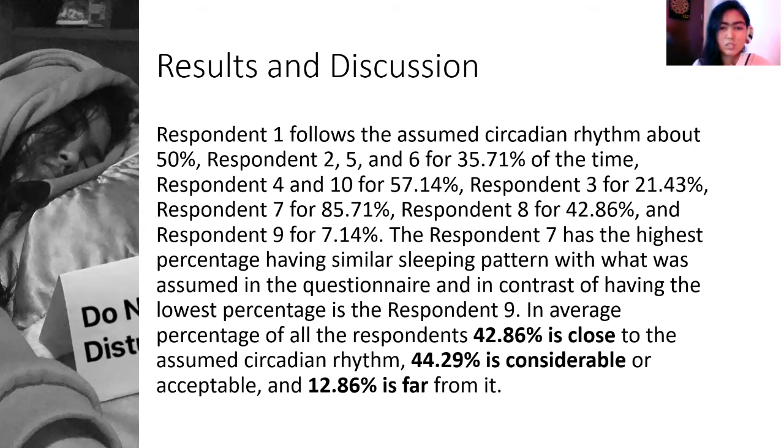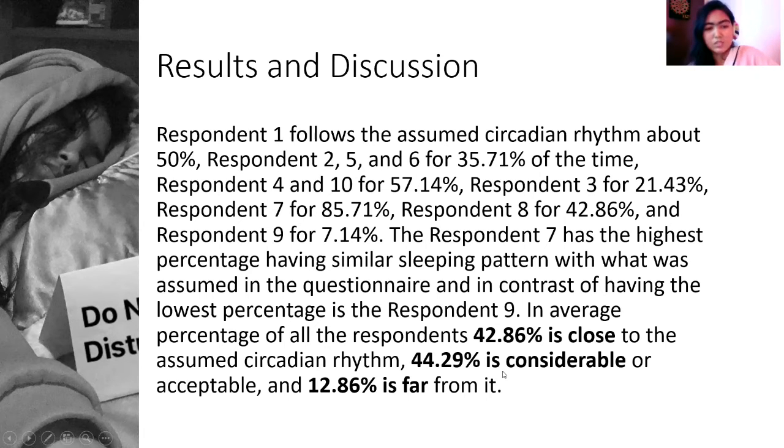This percentage is the evaluated number that has a higher percentage to the circadian rhythm. Here, respondent 7 seems to follow the pattern 85% of the time, which is the highest percentage, and respondent 9 follows it only for 7.14%.